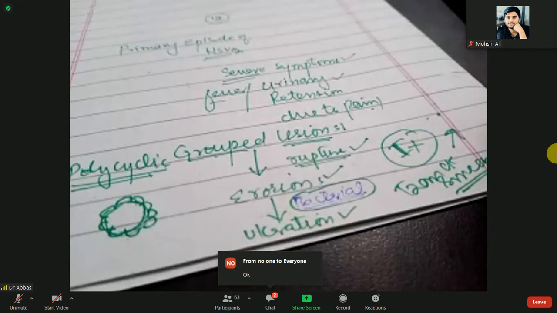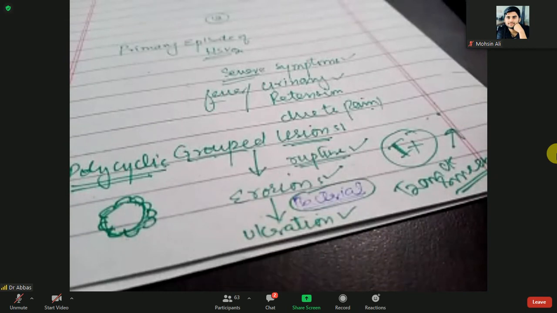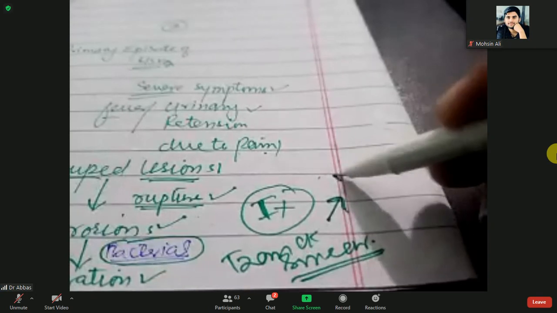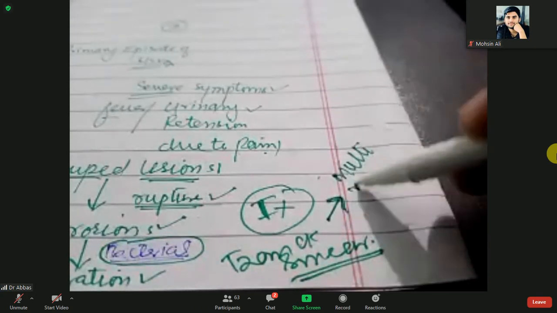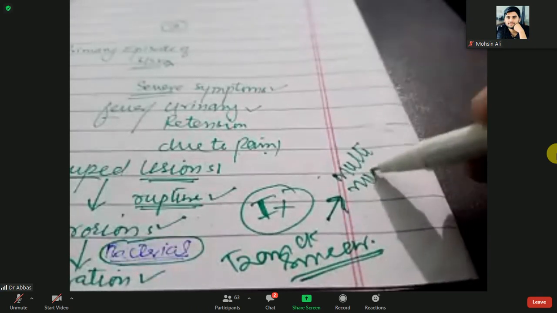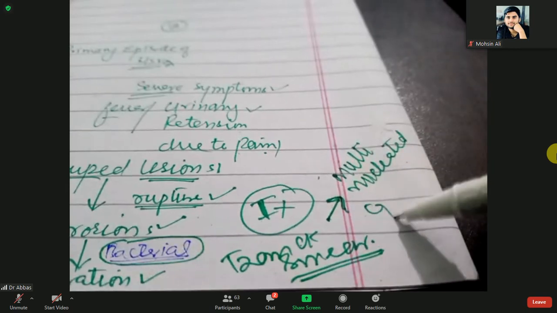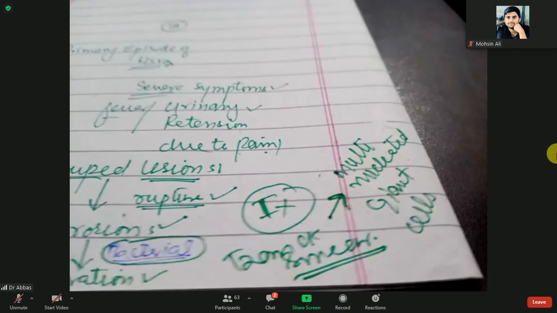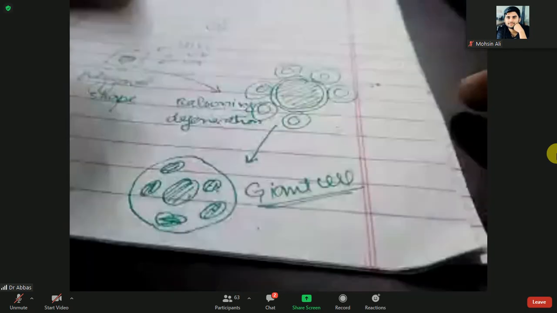So it is a herpes virus. Once the viral attack happens, it shows its symptoms and then hides itself in a dormant stage. Okay, so there are multinucleated giant cells, multinucleated giant cells on the Giemsa stain.